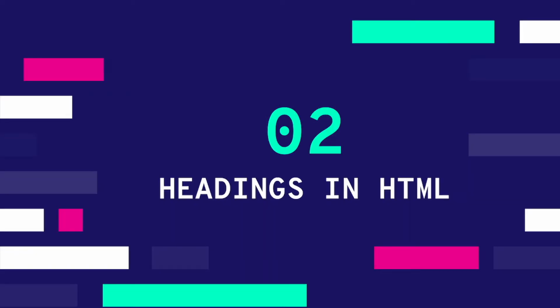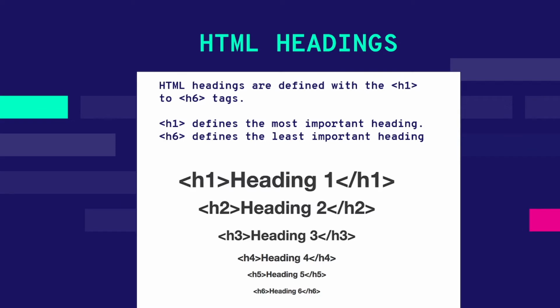Let's understand headings in HTML. We wrote one heading h1 in the last video in which we wrote hello world. I told you that there are 6 headings actually. So you can see that there are 6 headings: heading 1, heading 2, h3, h4, h5, h6. These are different levels of headings.